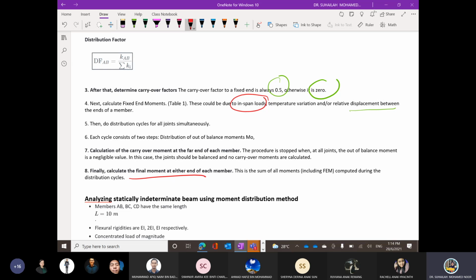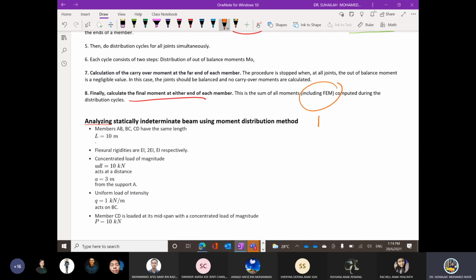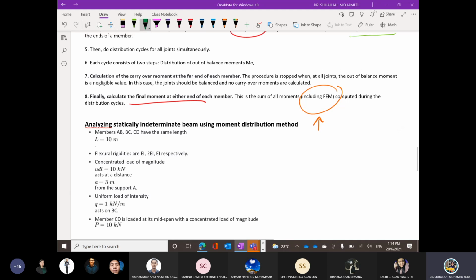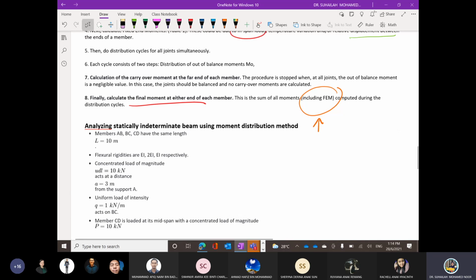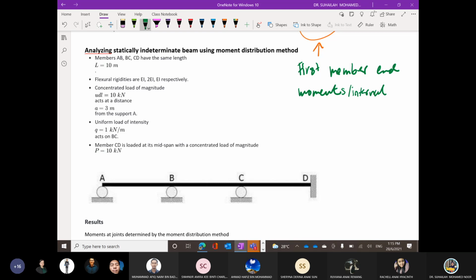This is the sum of all moments, and don't forget to include FEM, because as I mentioned last week, FEM is the first member end moment, or first internal moment. Member end moment is also called internal moment.